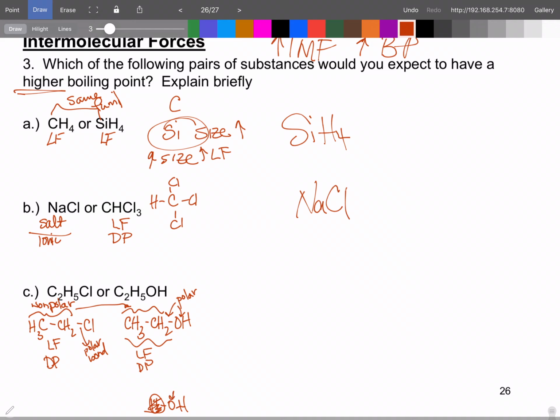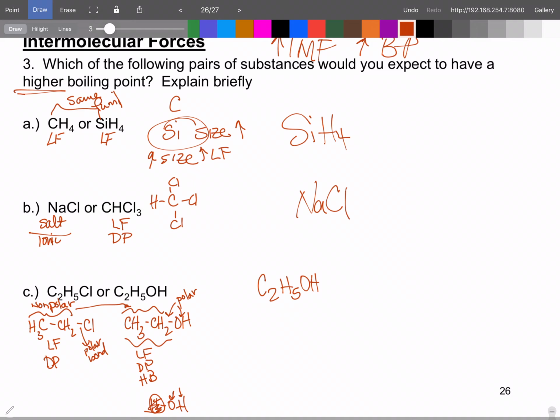But the oxygen has a hydrogen attached to it, so it has hydrogen bonding. So the one with the most intermolecular forces, which is C2H5OH, also known as ethanol, will have the higher boiling point. Now remember, I could have asked for the lowest boiling point, in which case you would have the same work, but all of your answers would be opposite.